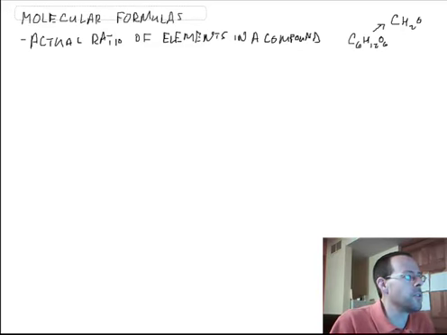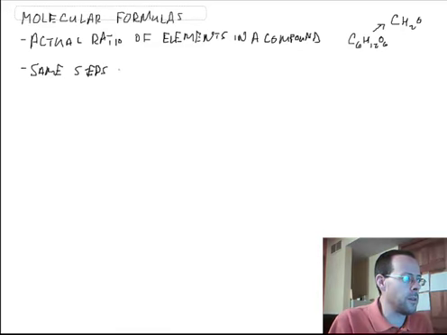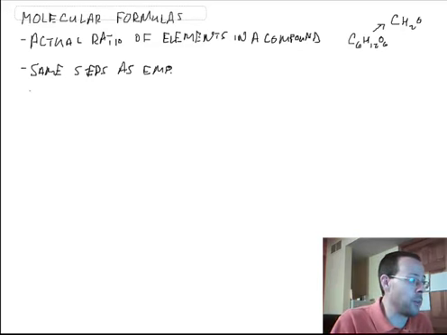All right. So in order to solve these problems, the first step is really the same as empirical. So same steps as empirical formula. And the thing that's going to be different is the problem, or I, will have to give you a molar mass.